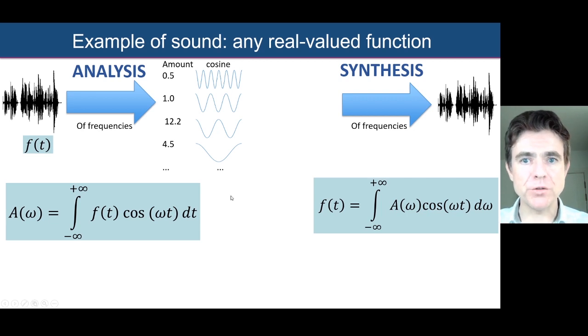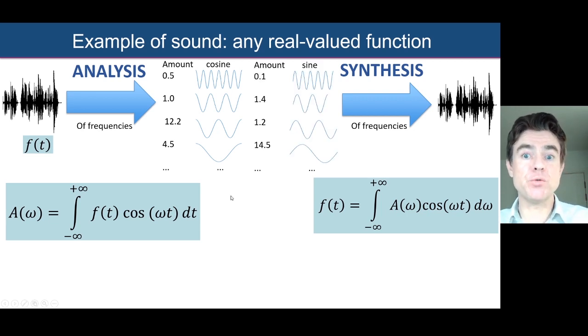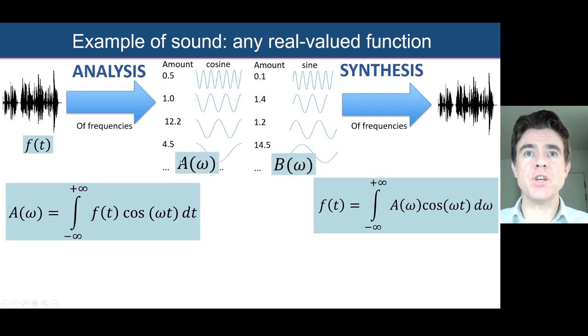But we've got to build in the sine component now as well in order to account for any phase shift of those cosines. So here I'm showing differing amounts of the sine function. So I'm going to say A is the amount of the cosine of a particular frequency omega, and I'm going to use capital B for the amount of each sine of a particular frequency omega.